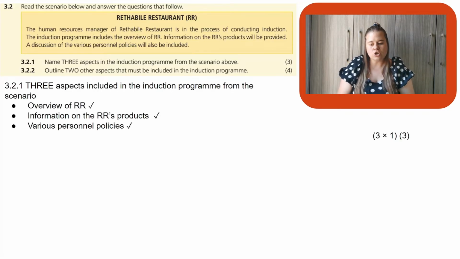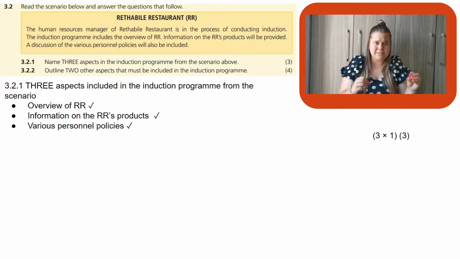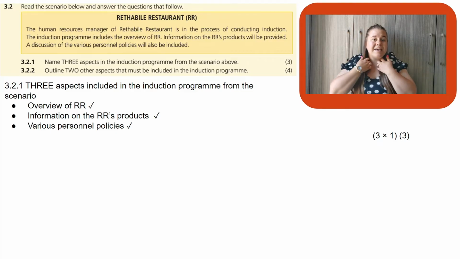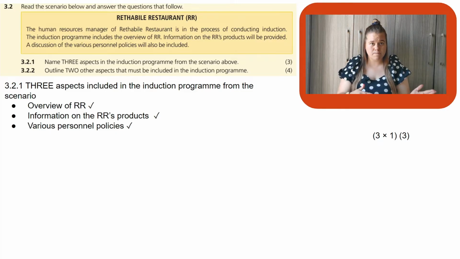All right, so 3 aspects. We are looking at the overview of RR, the information of the products, and then the personnel policies. All right, just very important here, because I find this confuses students a lot. So when we say name 3, list, identify, even though we're saying from the case study, it is from your notes.